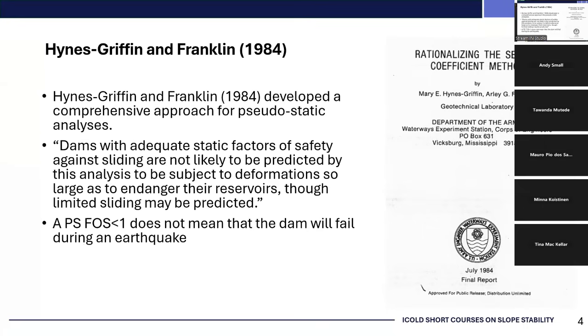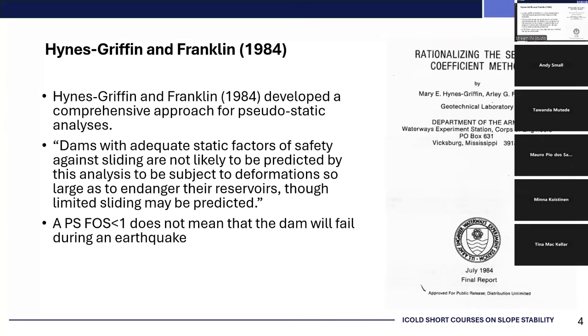I think it's over 350 case studies, and they looked at the seismic performance of these 350 water dams. They used a threshold of 1 meter, believing that if you had more than 1 meter of deformation on a water dam, then that could endanger the reservoir. So their whole process was geared towards establishing a factor of safety, which would tell you whether or not there'd be more than 1 meter of settlement or deformations.